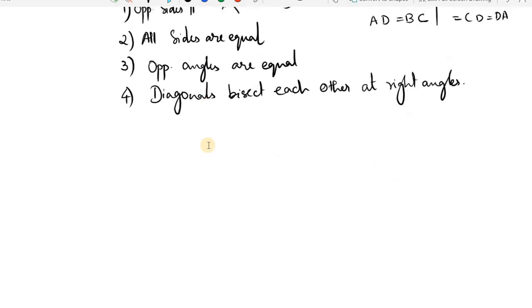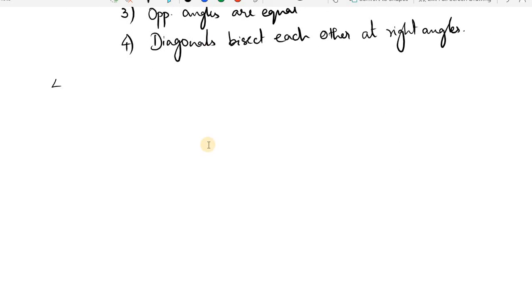Now, the next shape is a shape that all of us know very well. It is a rectangle. So, a rectangle is also a parallelogram in which every angle is a right angle.